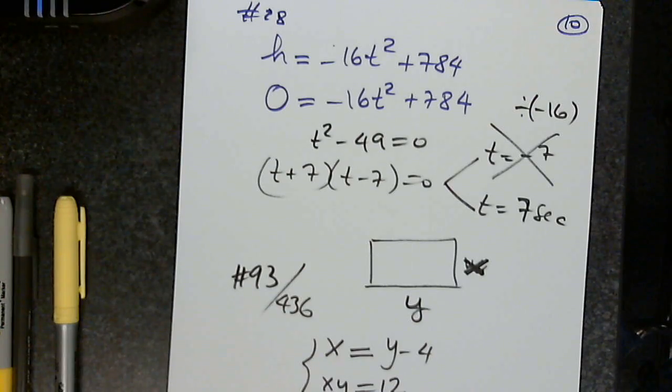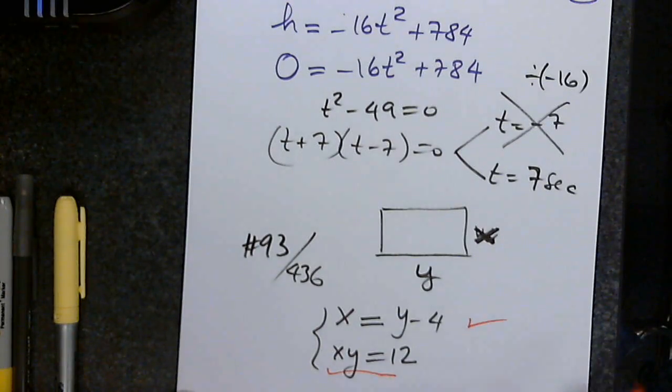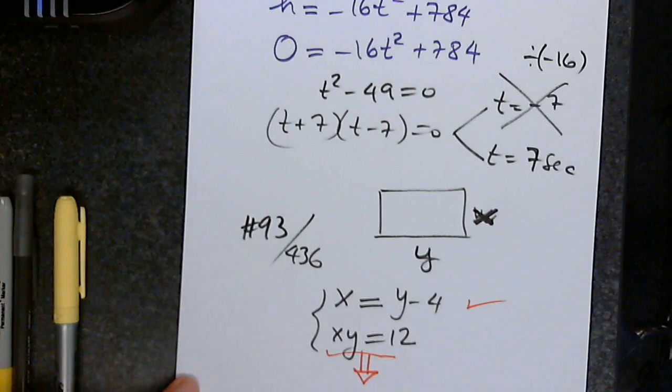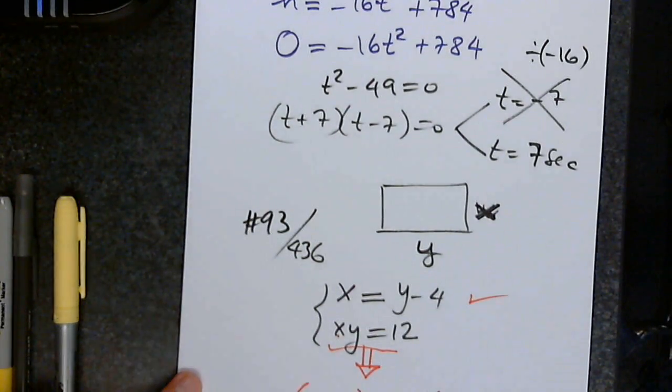Find the dimensions of the rectangle. What do I have to do? Substitution. Yes. So I substitute in the second equation because the first one is already solved for x. Then the second equation becomes, instead of x, I have y minus 4 multiplied by y equals 12.